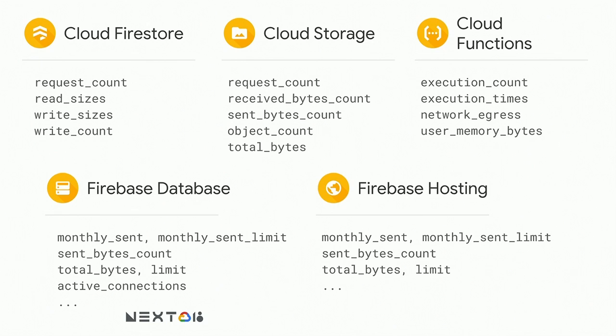I want to make sure that I'm not storing more than 100 gigabytes of data. I can use StackDriver monitoring to start setting alerts and understanding, maybe put up a big dashboard for the entire team to see what growth looks like and start setting alerts based on that. A bunch of different Firebase products offer a ton of different metrics on this.